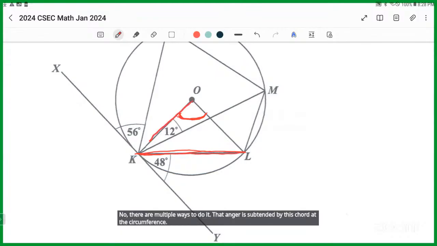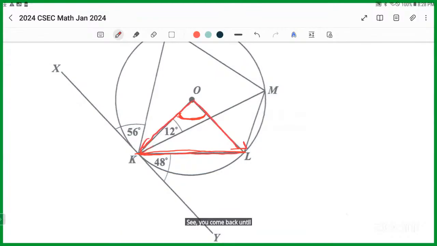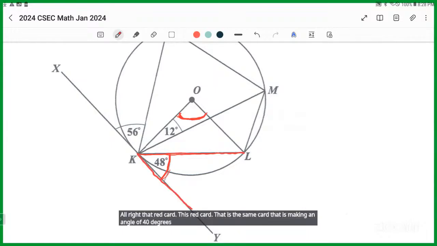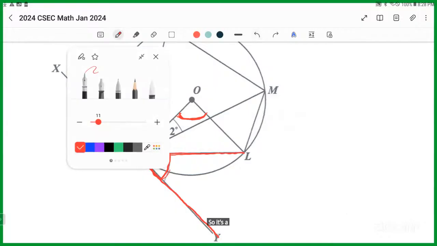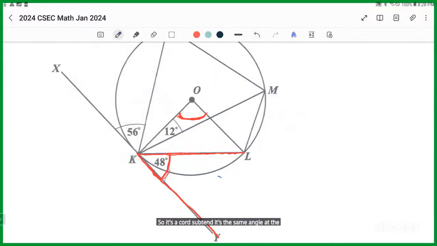So if you come back until you reach the circumference to find what is subtending it, that's that red chord. Now that is the same chord that is making an angle of 48 degrees with the tangent. So say the chord subtends the same angle at the circumference of it. So this angle up here is 48 degrees.